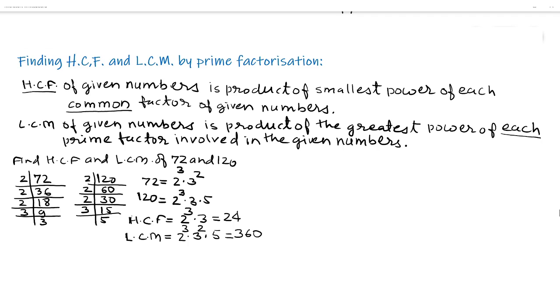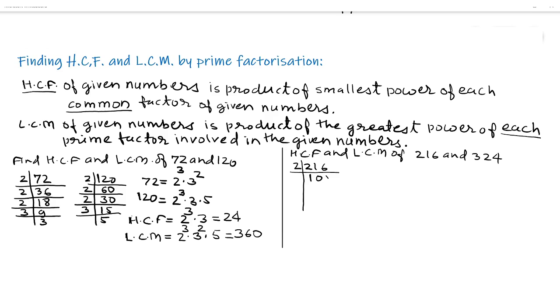We go for one more example. We'll find HCF and LCM of 216 and 324. So we prime factorize 216. On dividing 216 by 2 we get 108. We further divide it by 2.